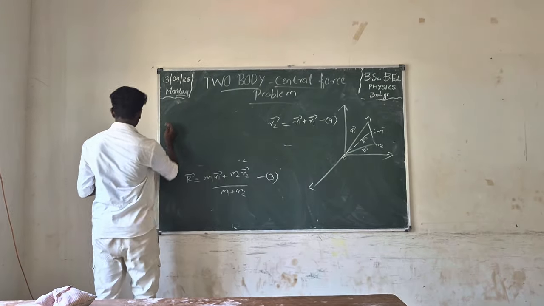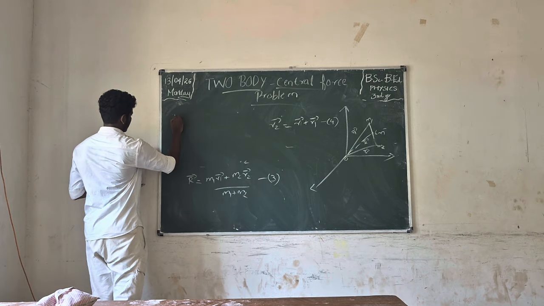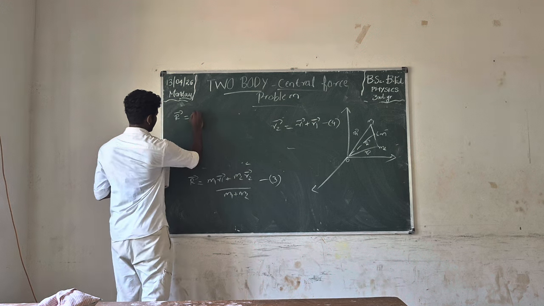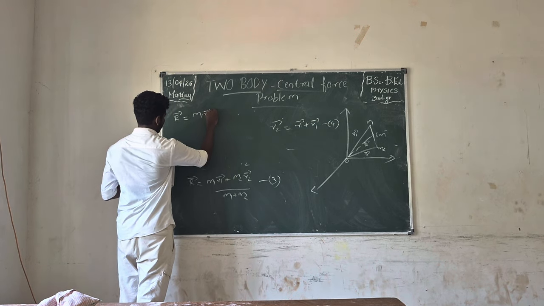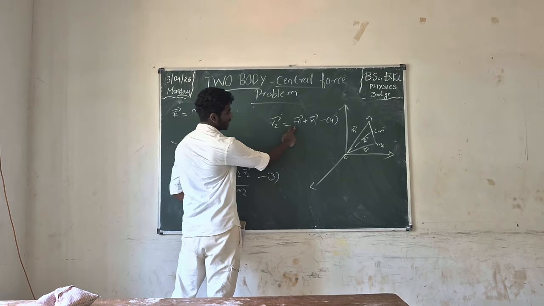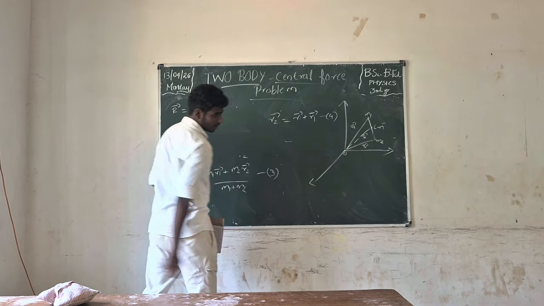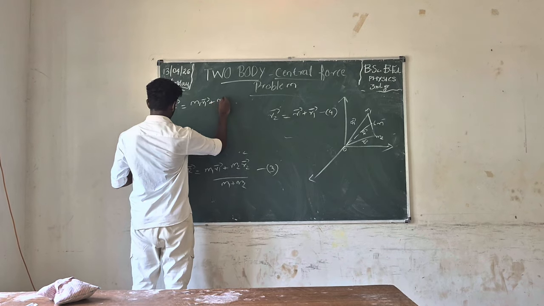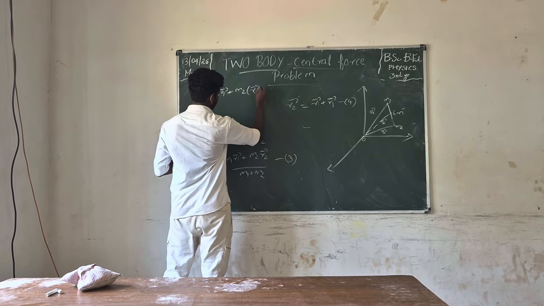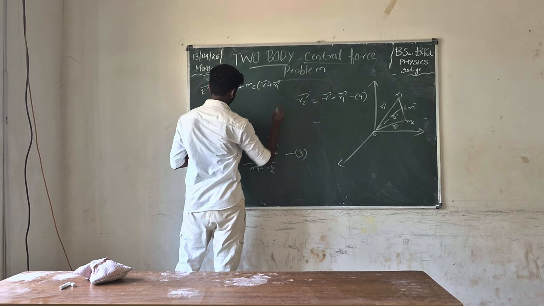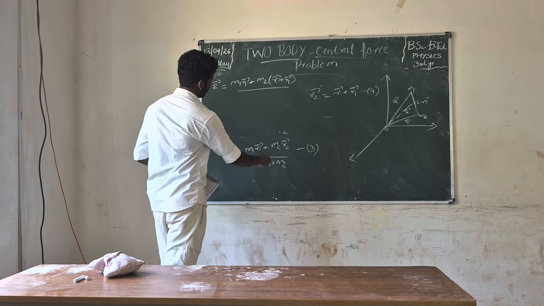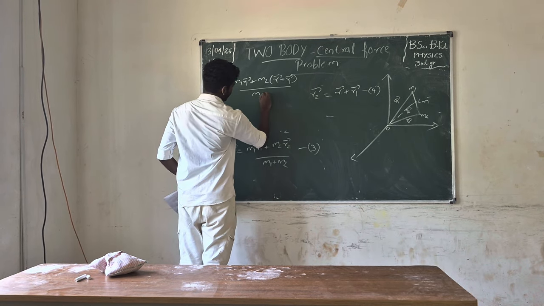If we substitute that, we get capital R equal to m1 vector r1 plus m2, and instead of r2 we write vector r plus vector r1, so m2 into vector r plus vector r1, divided by m1 plus m2.